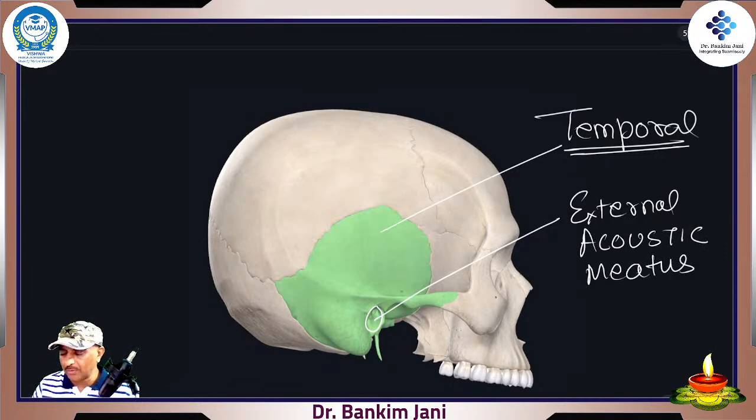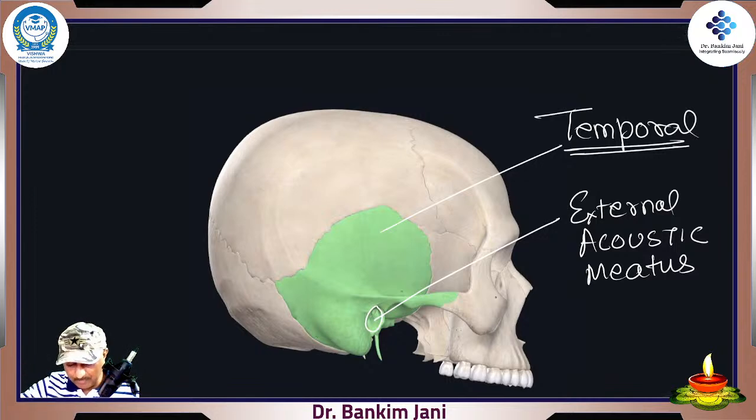Meatus means hole, acoustic means sound, external means it is a hole for listening to sound, right? If there is an external acoustic meatus, there has to be an internal acoustic meatus, otherwise we would have said only acoustic meatus. Yes, there is an internal acoustic meatus, it opens inside. And imagine how amazing things are: this is fully a bone.